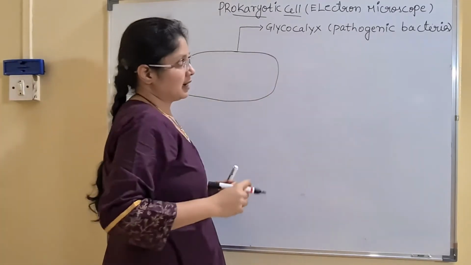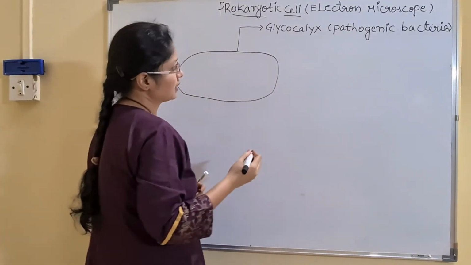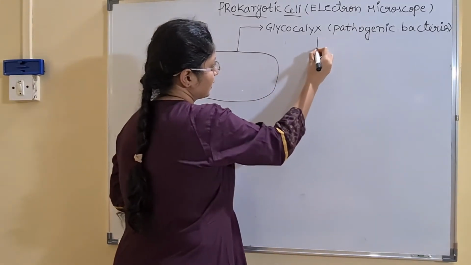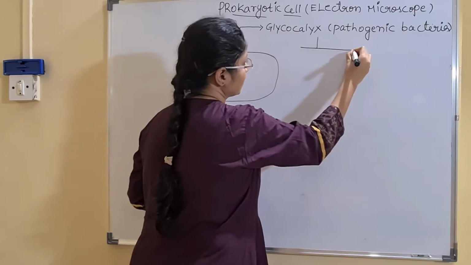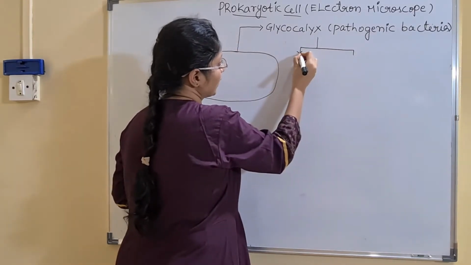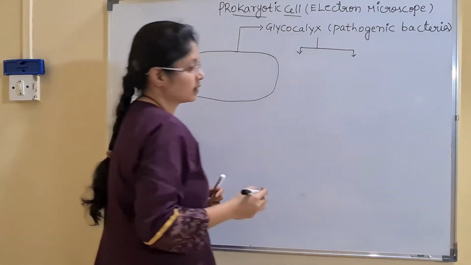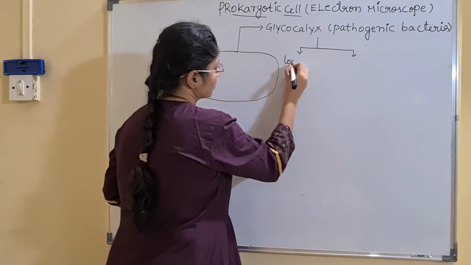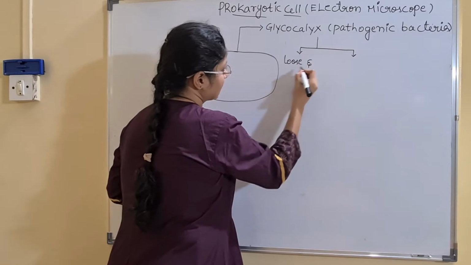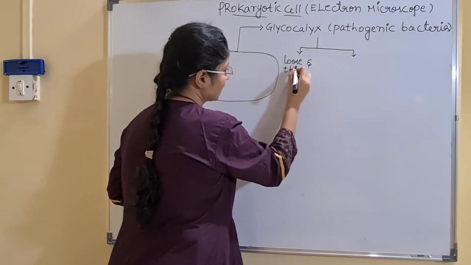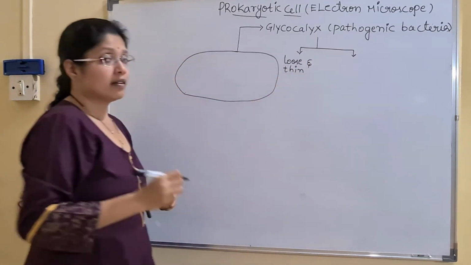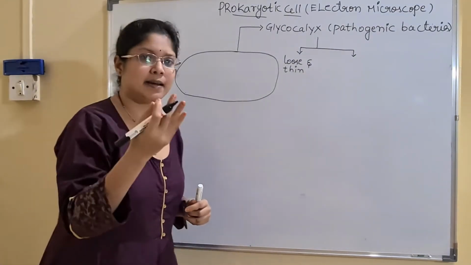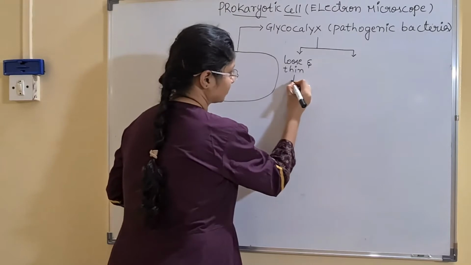Now if you see the structure of glycocalyx, it occurs in two ways. If the glycocalyx is loose and thin, it is renamed as slime layer.